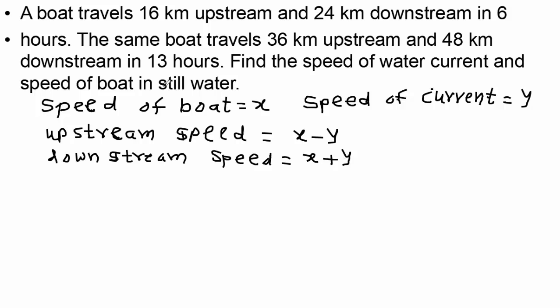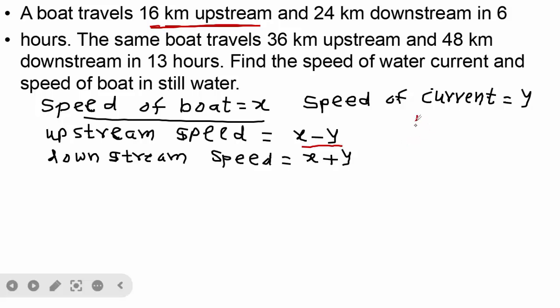As the speed of the boat is x kilometers, it travels 1 by x kilometers in 1 hour. As the boat travels 16 kilometers in the upward direction, and the upstream speed is given as x minus y, in 1 hour it travels 1 upon x minus y distance.